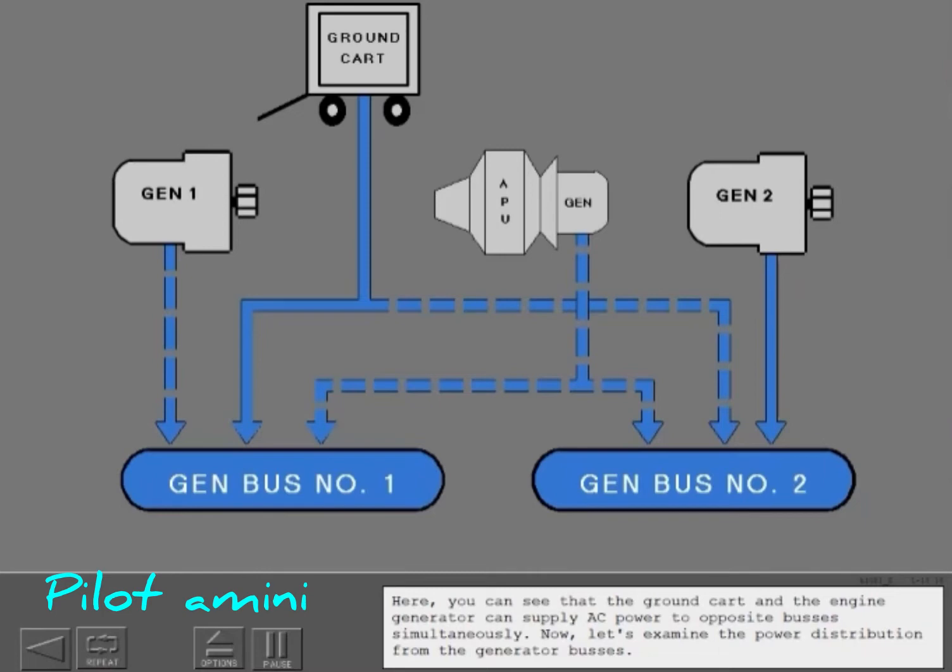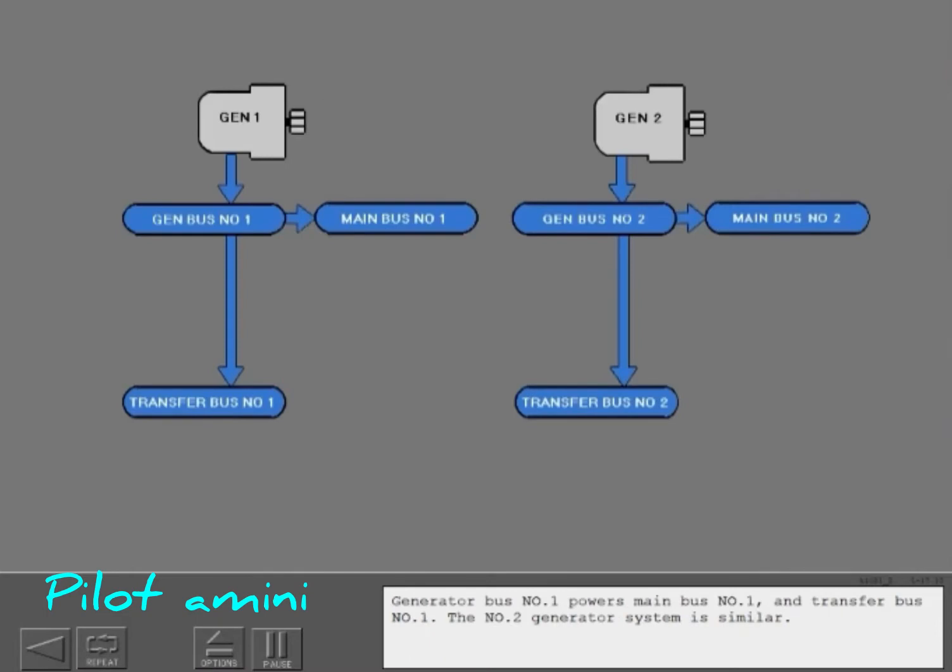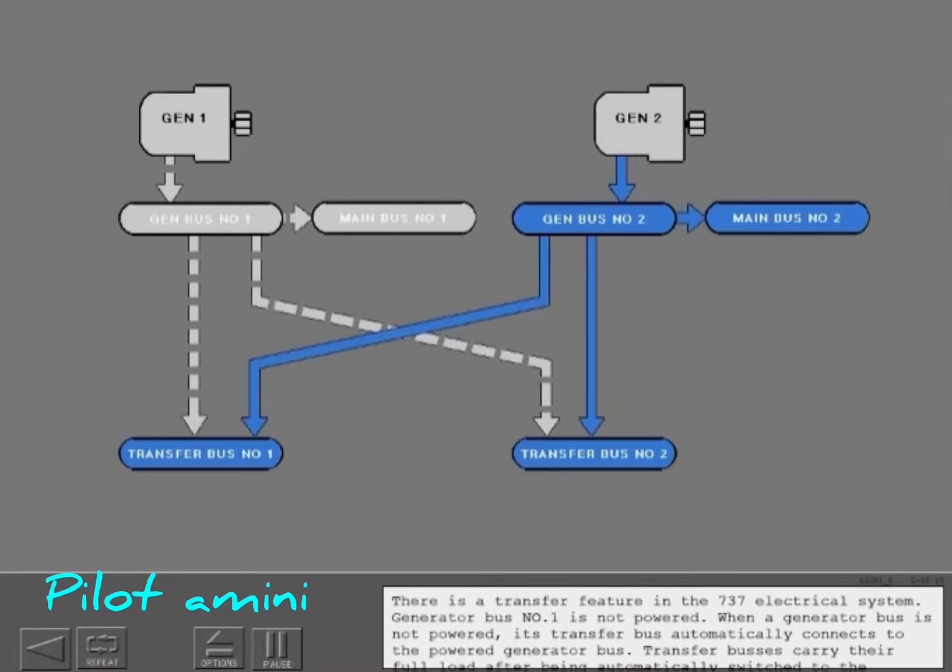Now, let's examine the power distribution from the generator buses. Generator bus number 1 powers main bus number 1 and transfer bus number 1. The number 2 generator system is similar. There is a transfer feature in the 737 electrical system. Generator bus number 1 is not powered.